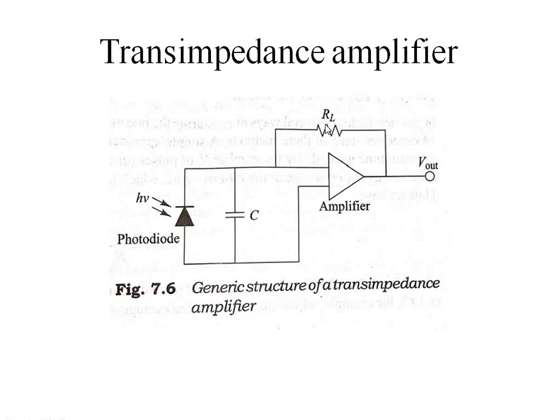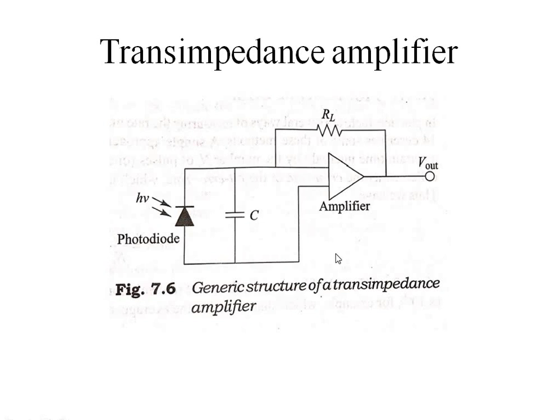Now RL can be large since the negative feedback reduces the effective resistance seen by the photodiode by a factor of G, so that Rp is equal to RL divided by (G plus 1), where G is the gain of the amplifier.